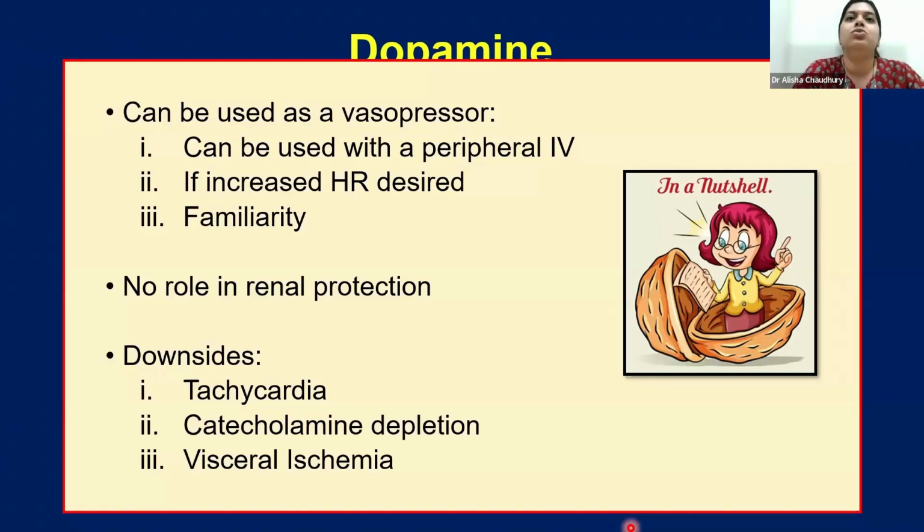Let me tell you, there is no role in renal protection at the low dose. So you can tell anyone clearly that low dose dopamine doesn't have any renal protection. It has been proven. The issues with dopamine are that it can cause tachycardia, catecholamine depletion because it is the main precursor, and the same thing, if it extravasates, then you can have visceral ischemia.